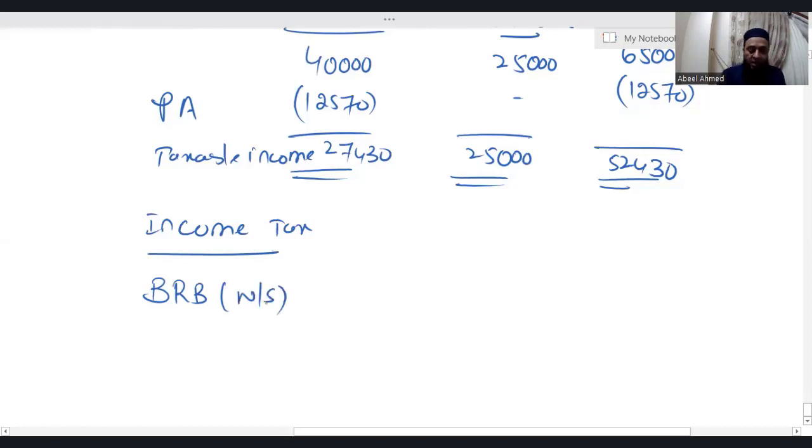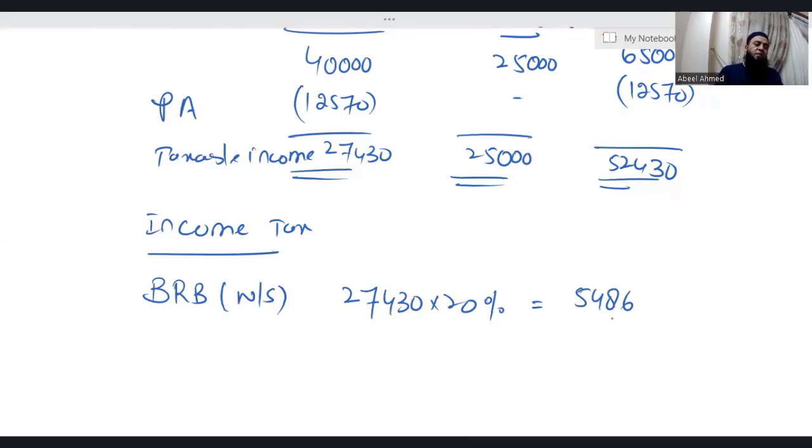Obviously, the entire 27,430 from the non-saving income falls in the basic rate band, where the applicable tax rate is 20%. So 27,430 into 20%, I'm getting 5,486.